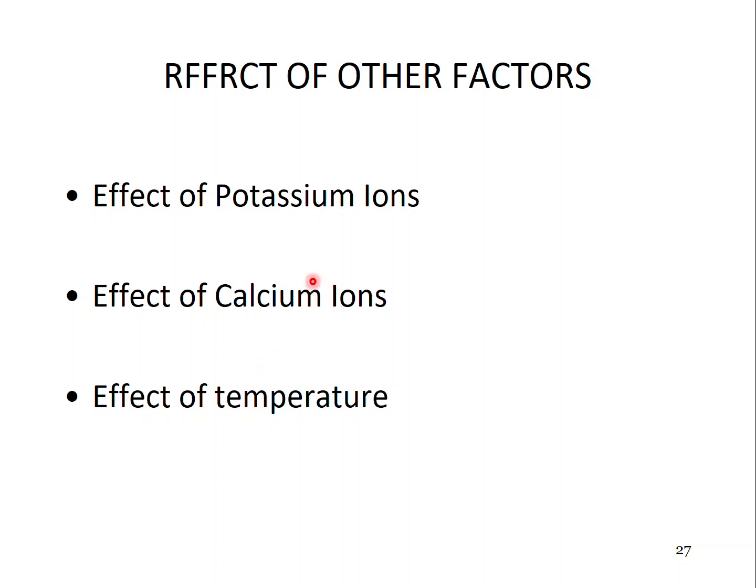Again, some other factors can affect heart function and heart pumping. For example, the concentration of potassium. If the concentration of potassium increases outside the cell, which means in the extracellular fluid, the heart pumping will decrease and heart contractility will decrease. Calcium has a positive, or inotropic, effect on heart function.